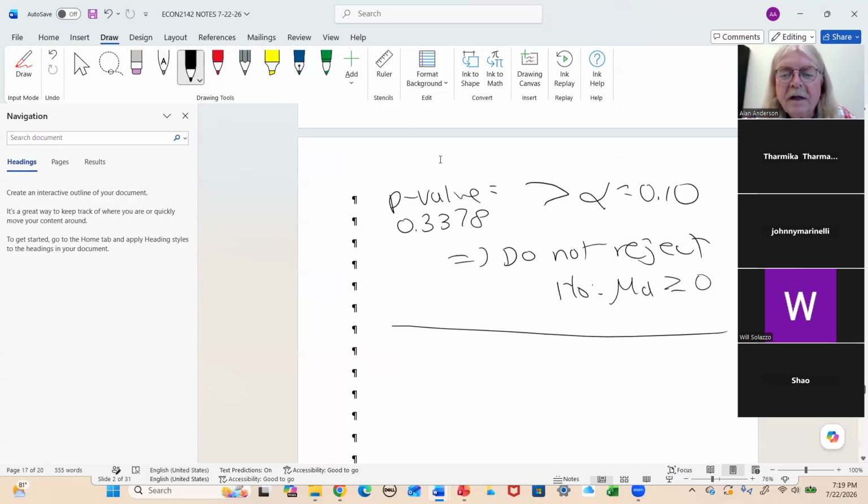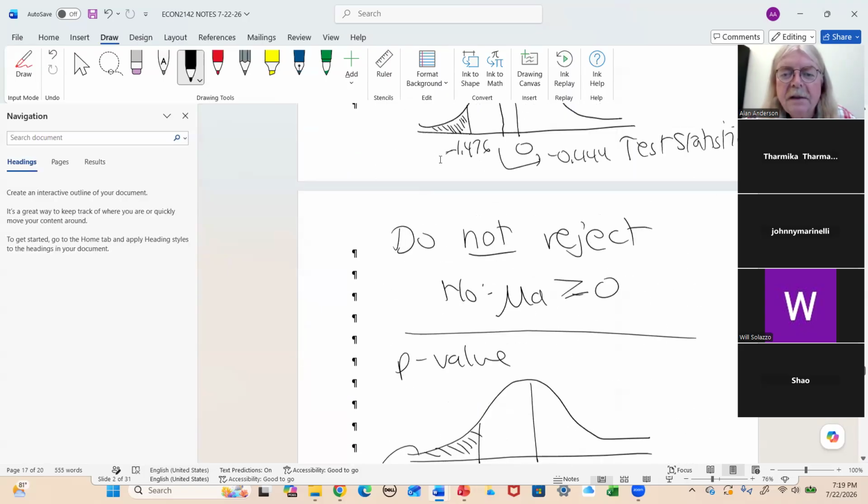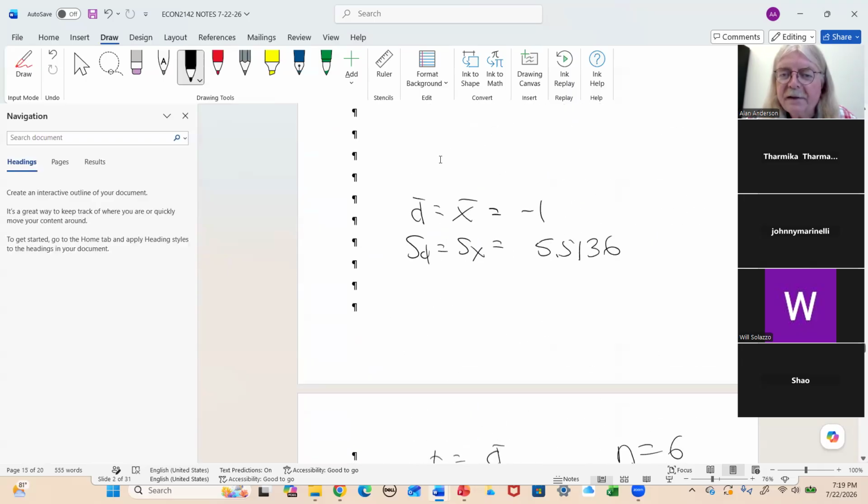So anyway, you look at it, we do not reject the null. And that means that there's no evidence that the new technique works better than the old technique.